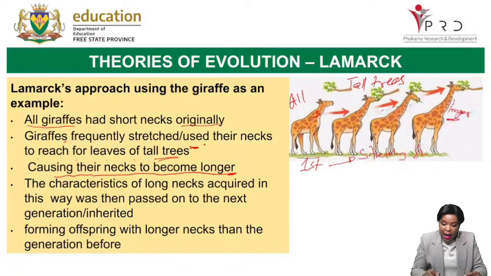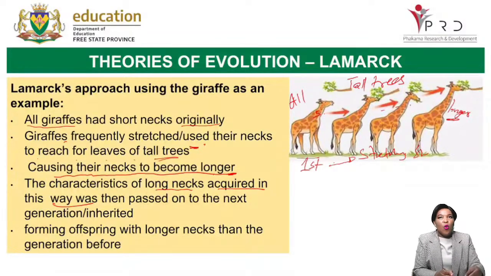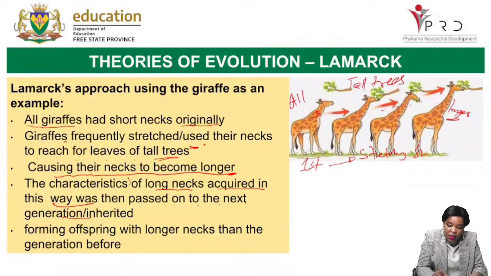So when they are longer, the characteristic of long necks is acquired in this way. So you must tell us now what you are chasing: the acquired characteristic. Then if it is acquired in this way, it is then passed on to the next generation. Please, please, please take note of this word.